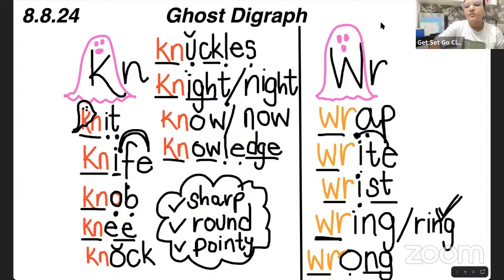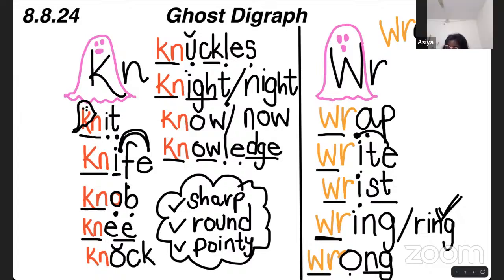So if I write the word with again this sound, r, and then e, and then k. What is this? What have I written? Wreck.